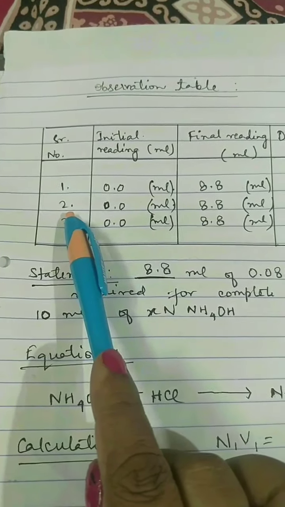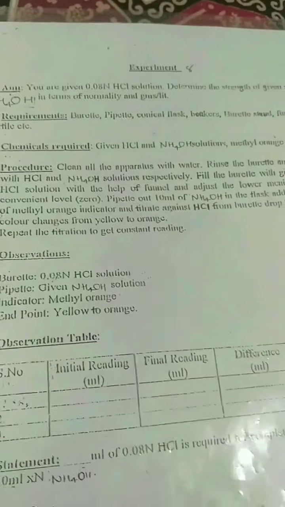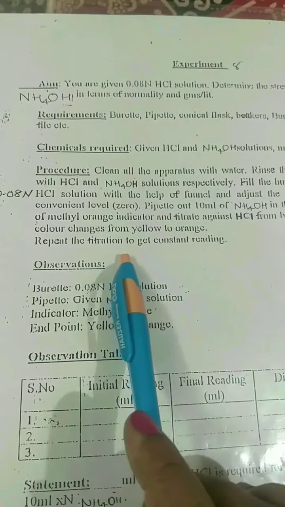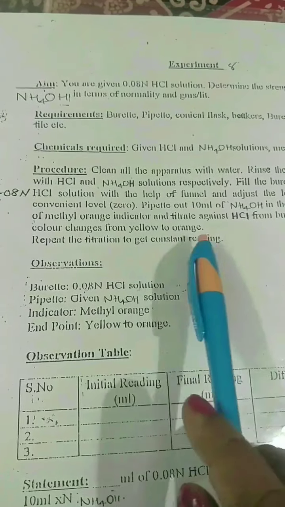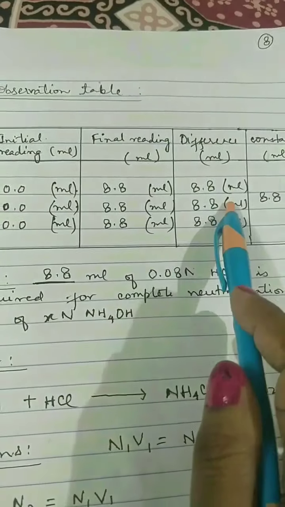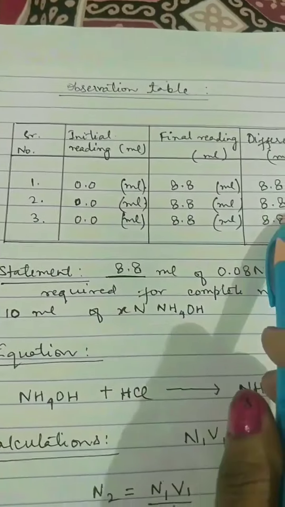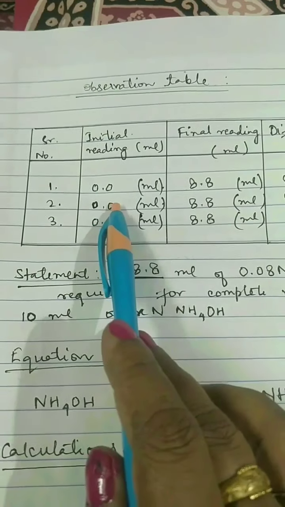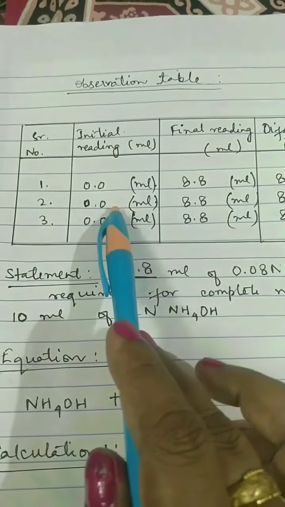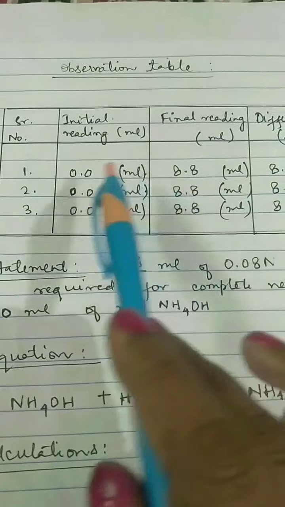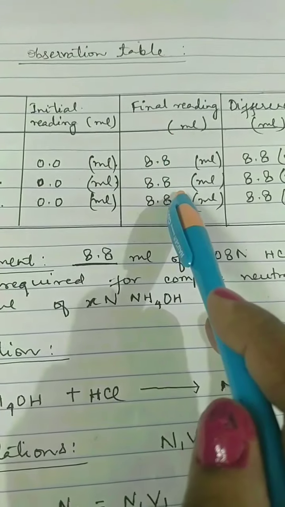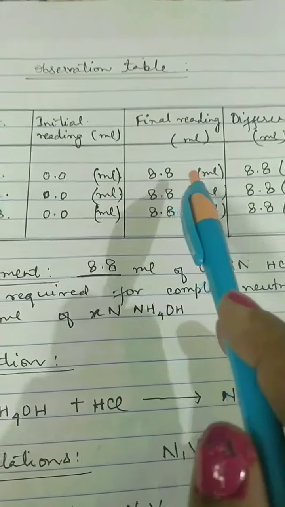Then we will take the second reading. As in the procedure, you can see that you have to repeat the procedure minimum 3 times. So in the second reading also you will write the initial reading as 0.0. For this you have to set the lower meniscus at 0. Then you will take the final reading.